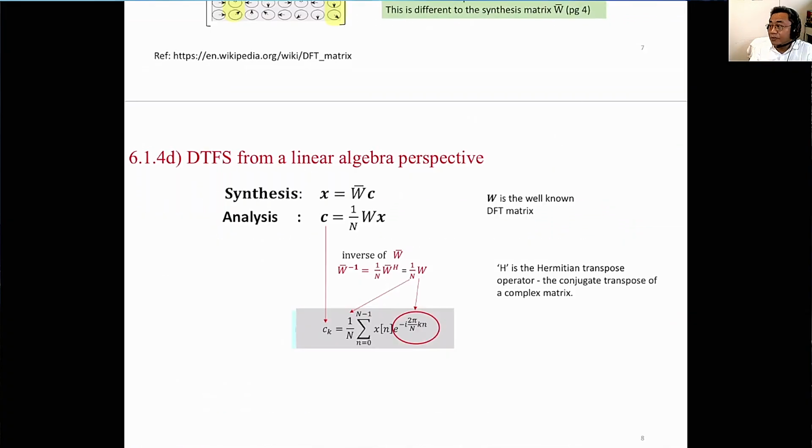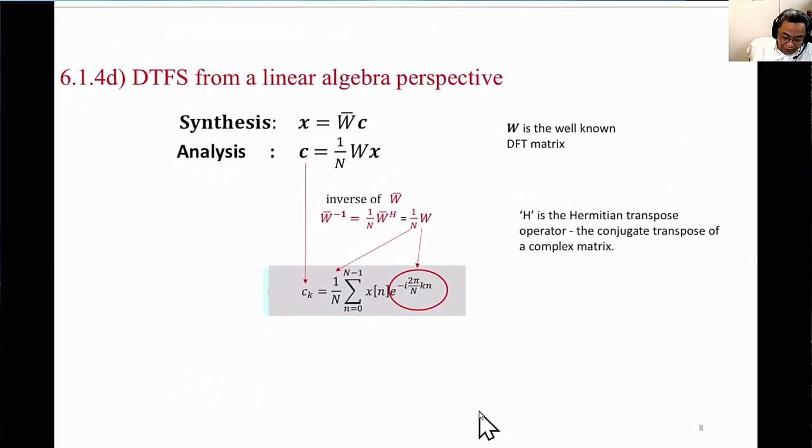Okay, with that, let's summarize the DTFS from a linear algebra perspective. The synthesis equation says that x is equal to W bar C, where W bar is the inverse of 1 over n W, and C, the analysis equation, is 1 over n W x. Most books will show you the W matrix, or W is the DFT matrix.